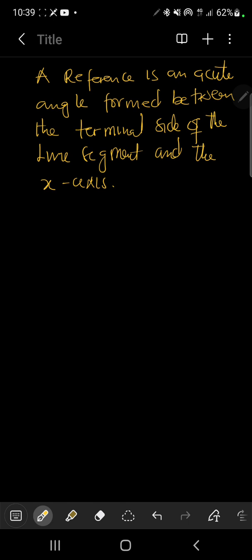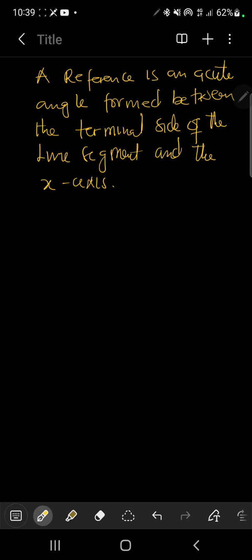The way you find the reference angle in each quadrant also differs. Okay, so I think we'll start with the first, then go to the second, third, and fourth. Now, before we jump into that, I want you to understand the definition first, because we are saying this is an acute angle. Now, what is an acute angle?